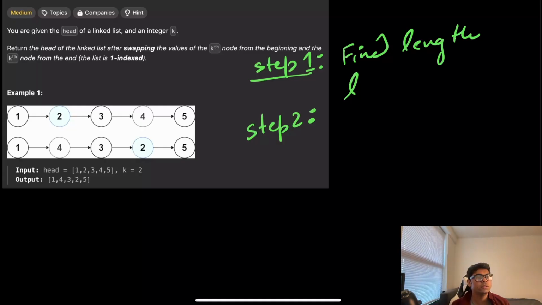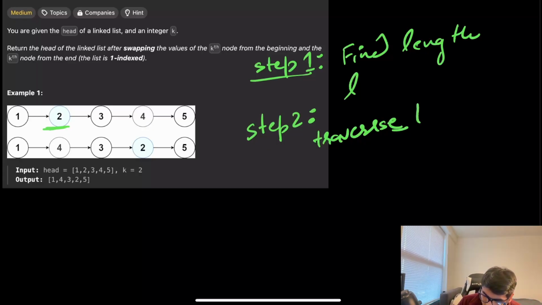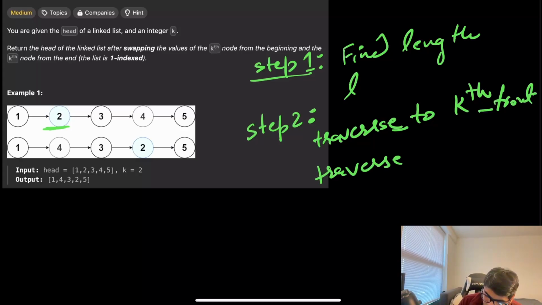traverse to the kth node from the front, and traverse to the kth node from the back.